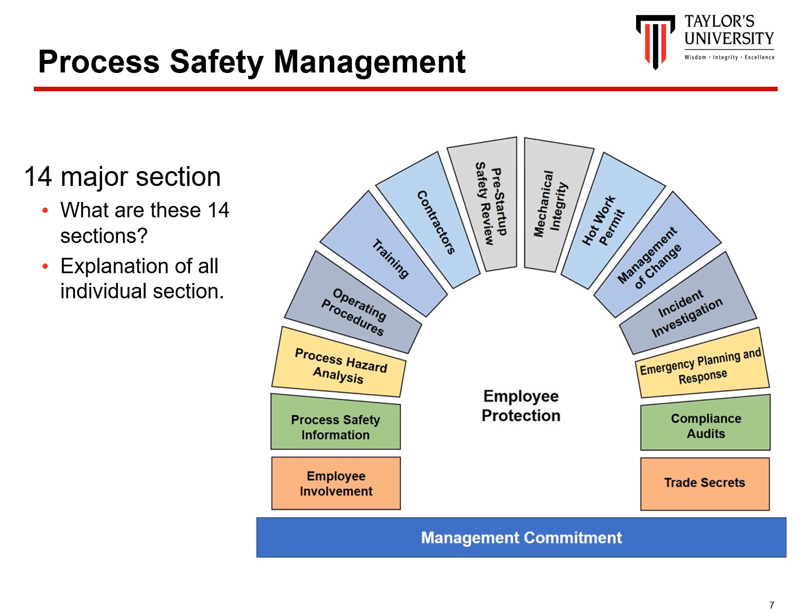The PSM has 14 major sections, as you can see from the slides here, starting from employee involvement, process safety information, process hazard analysis, operating procedures, training, contractors, pre-startup safety review, mechanical integrity, hot work permit, management of change, incident investigation, emergency planning and response, compliance audit, and trade secrets.